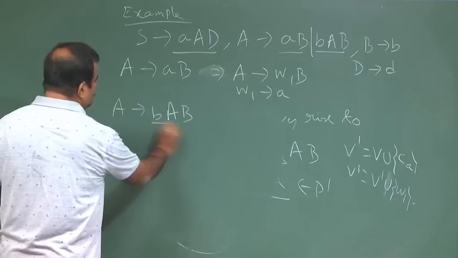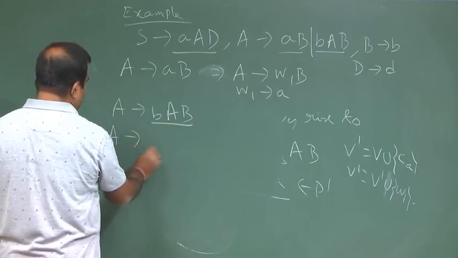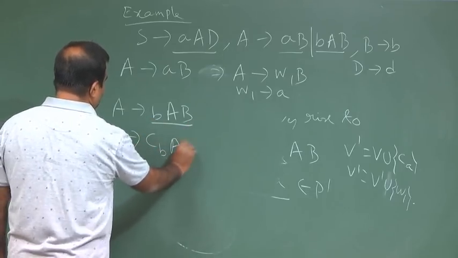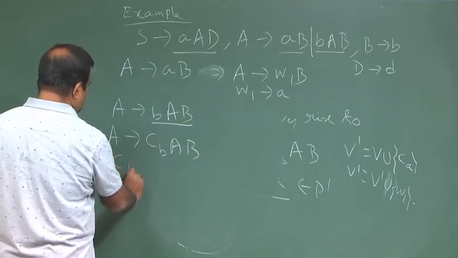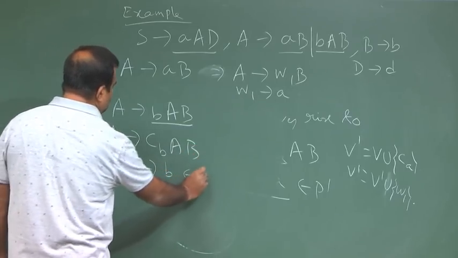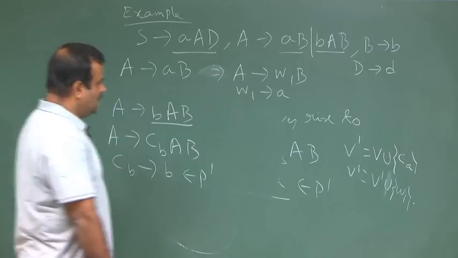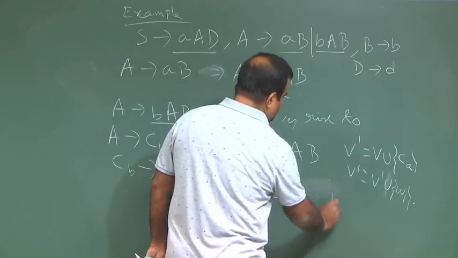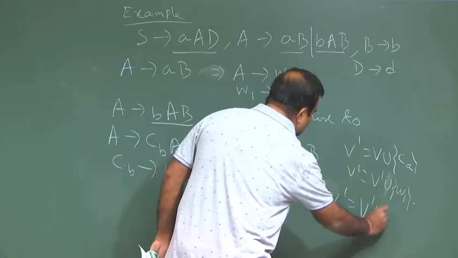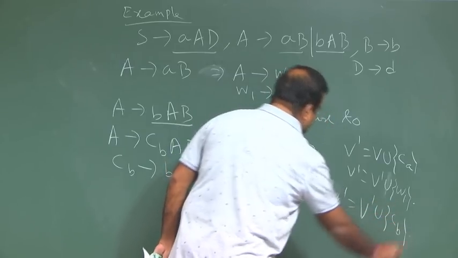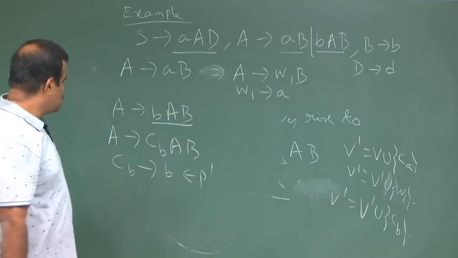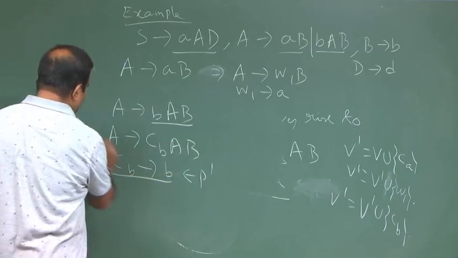This will be replaced by changing this to a variable. So, this is going to be C_B A B, and C_B is going to B. We have to add this to the rules, and add C_B here. Okay. Now, this is okay, but this is not okay.